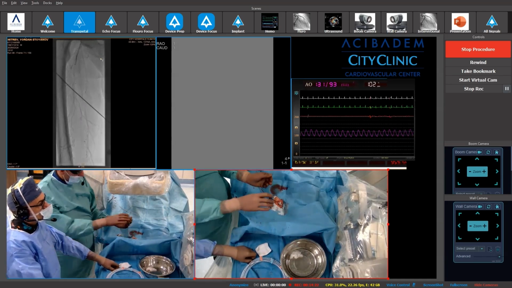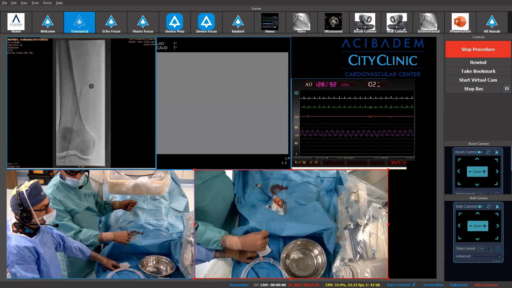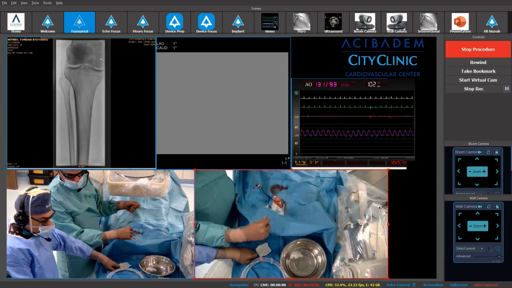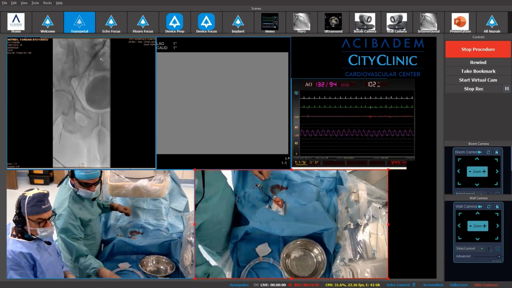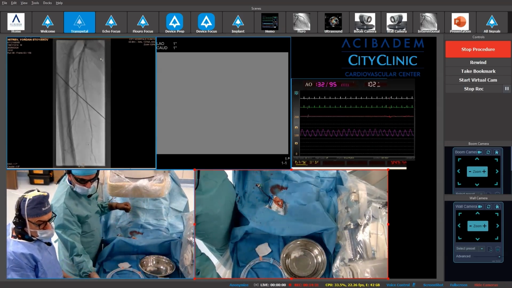During the years, Professor Stankov will explain what part of the procedures we are performing with a combination of arm and tibial approach.